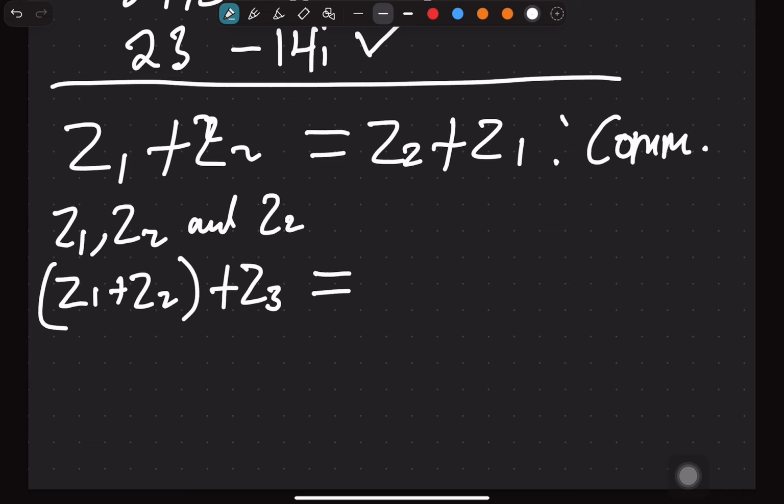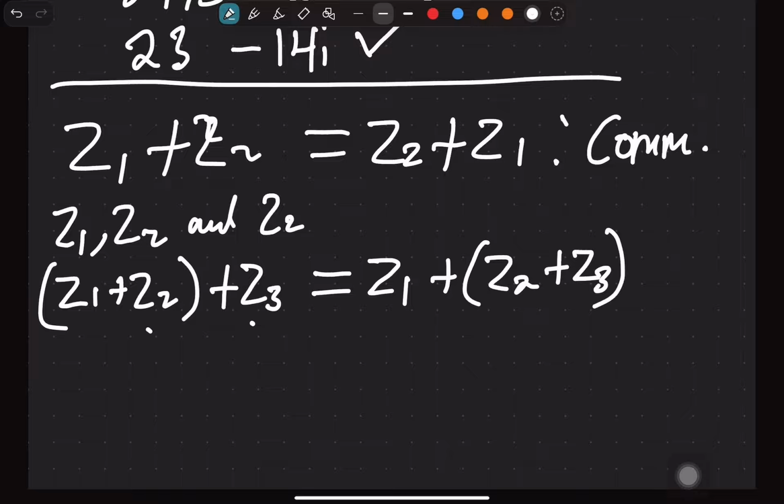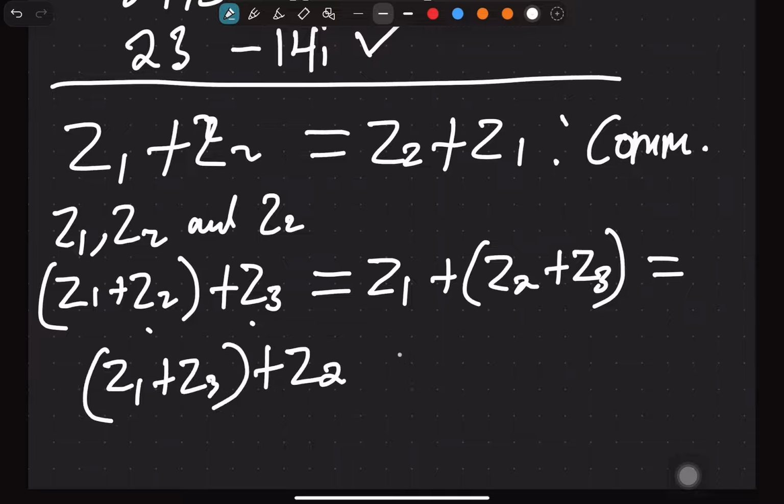It is the same thing when we add z1 to the result we obtain by adding z2 and z3. And of course, we can also do z1 plus z3, then whatever we get, we add it to z2. These are all associative properties.